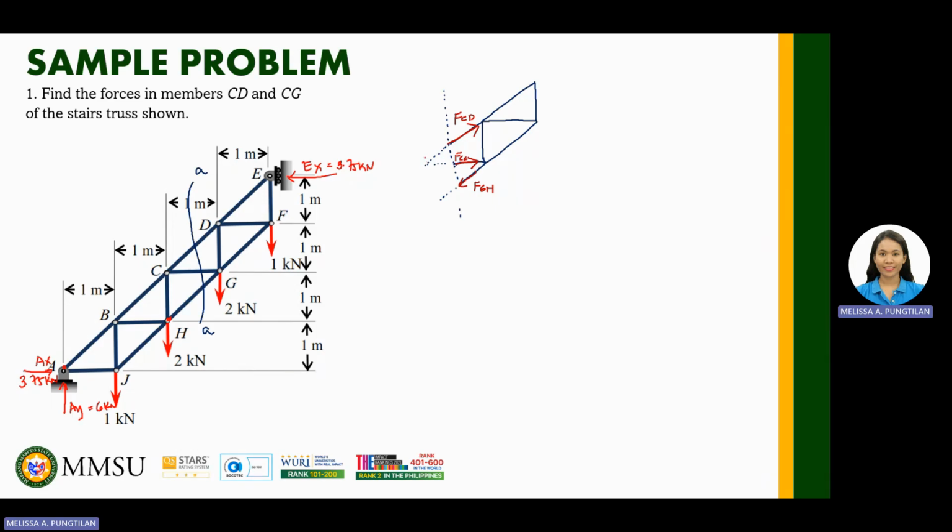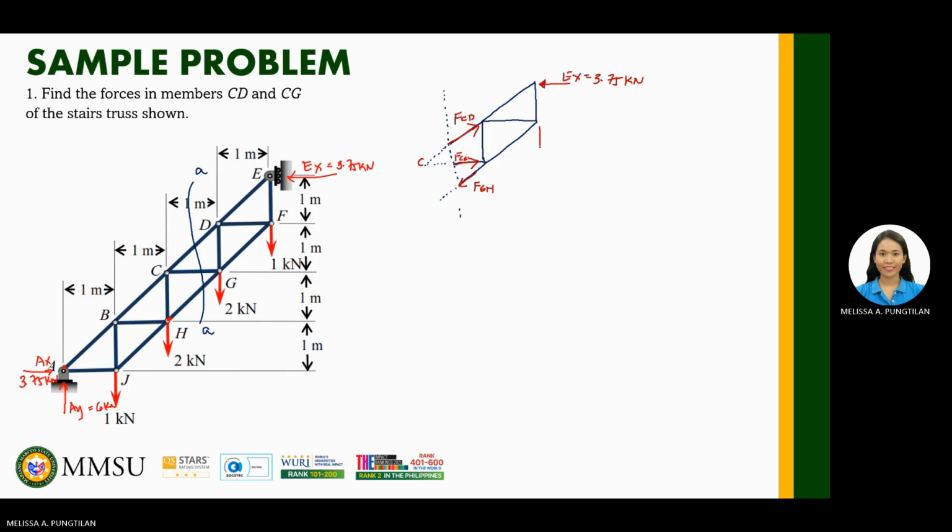So, nandito yung joints natin, kung saan nakadugtong yung ating mga members. So, ni-reflect lang natin para makita natin kung tension or compression ba. Okay? And then, yung mga reactions natin and external forces. Don't forget. So, EX, we have 3.75 kilonewton.